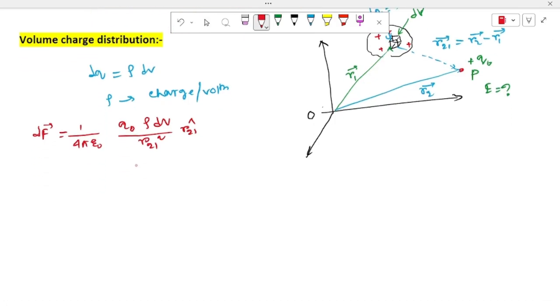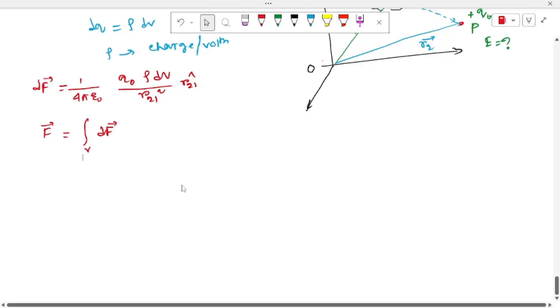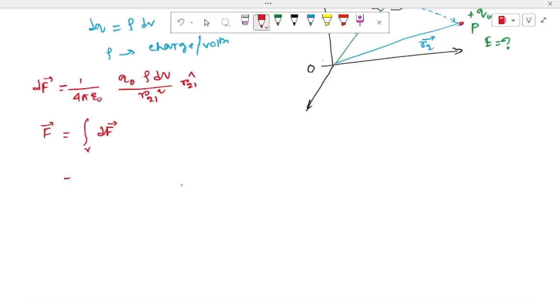So the total force F is equal to integration over dF. So this is a volume integration, and it was surface integration. Here it is volume integration. So total force is equal to 1 by 4 pi epsilon naught integration over the volume, q naught rho dV by r21 square r21 cap.